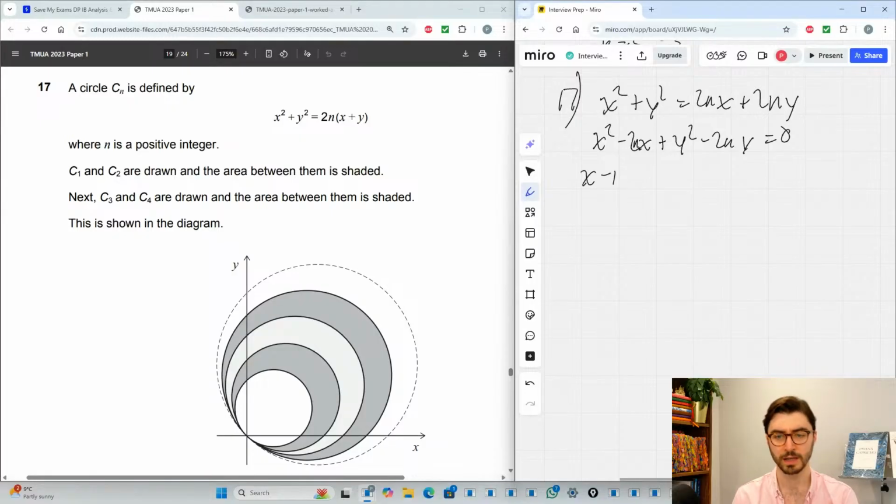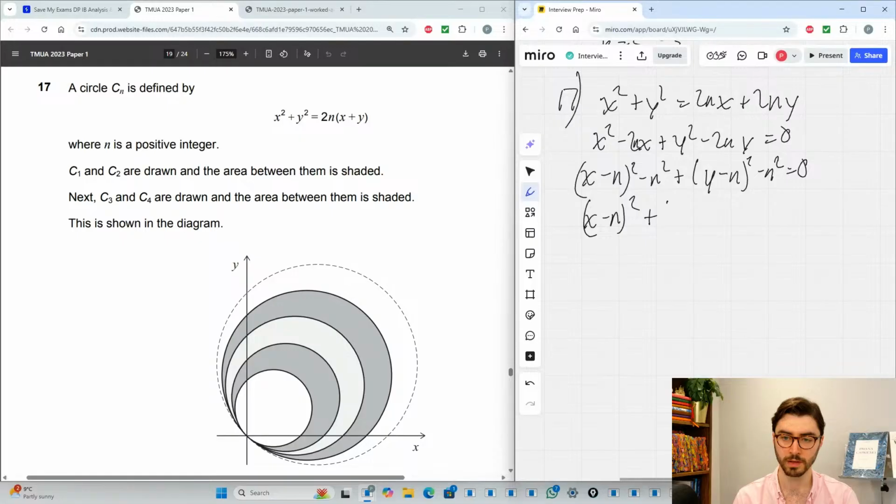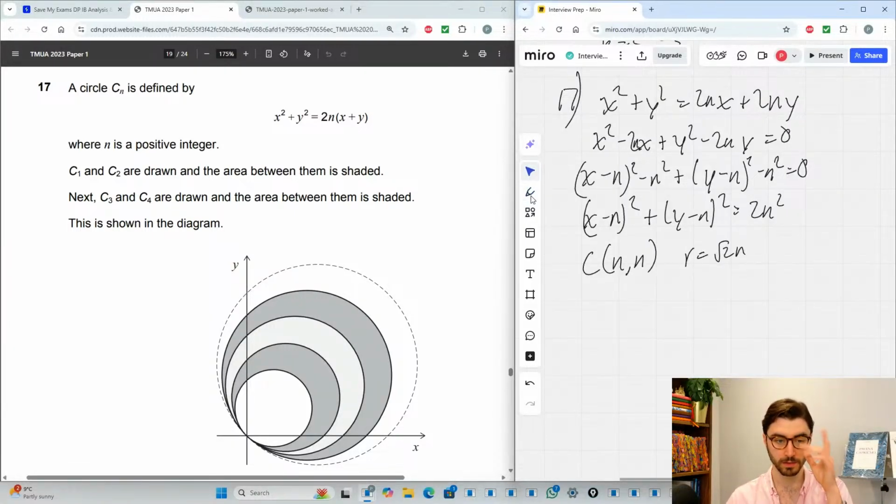So x minus n squared minus n squared plus y minus n squared minus n squared equals 0. So x minus n squared plus y minus n squared equals 2n squared. So the center is at (n, n), and the radius is root 2 n, because it always goes through the origin. This all tracks.